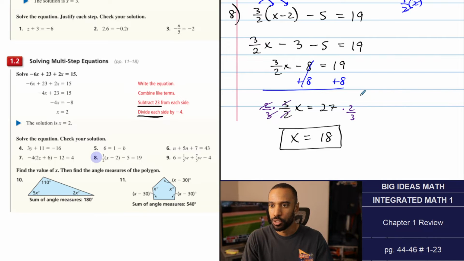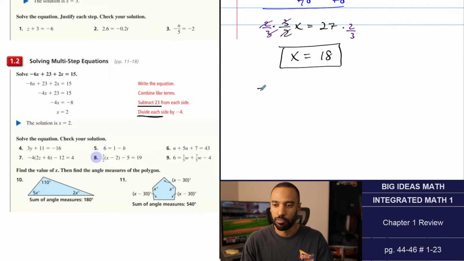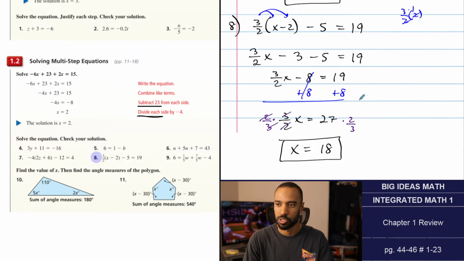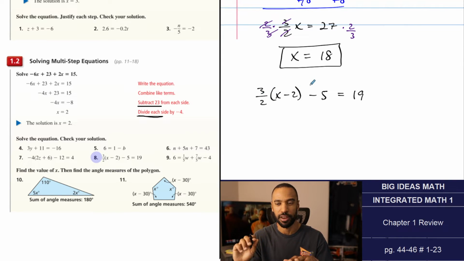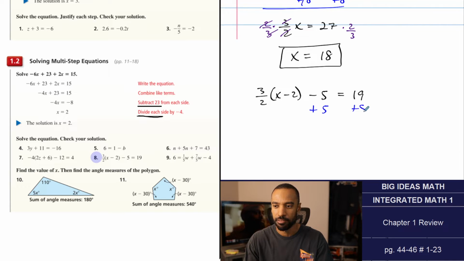An alternative way to do this problem is the same thing that you saw before. You have 3/2 times (x minus 2) minus 5 equals 19. Let's make sure that was the problem. Yes, it was. Now, we can do what we did last time instead of distributing, because look, 3/2 multiplied by x was a fraction. What if 3/2 times that number was a fraction? And then you're dealing with too many fractions in one. Maybe you prefer to have no fractions whatsoever at this stage. So instead, let's add 5 to both sides to get the quantity by itself that 3/2 is multiplying.